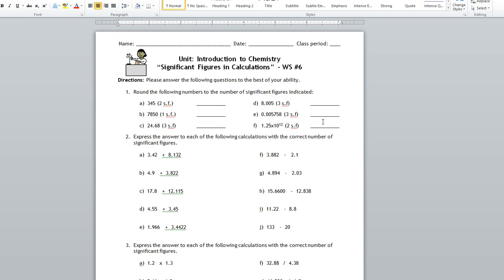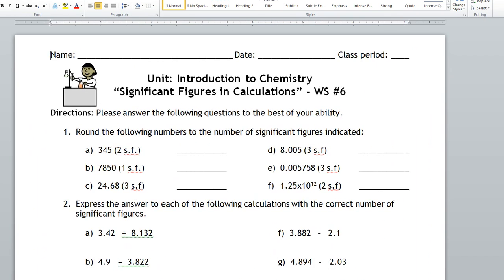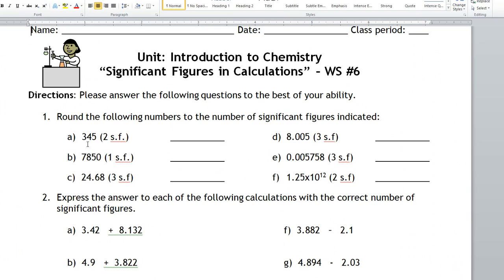All right, so number 1 says round the following numbers to the number of sig figs indicated. So all you're going to do with this one is practice with rounding. All right, so it's saying, okay, 345, I want that rounded to 2 significant figures.